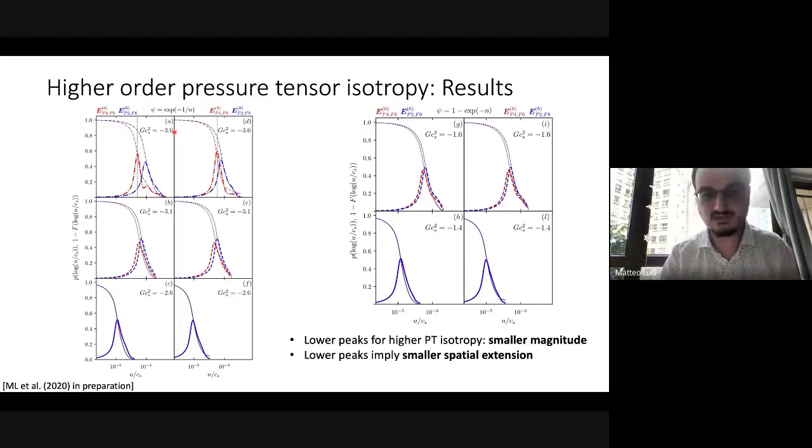So this is the simplest, the most compact way to convey the result. And as we can see, the results are consistent no matter the forcing, no matter the choice of the pseudopotential.